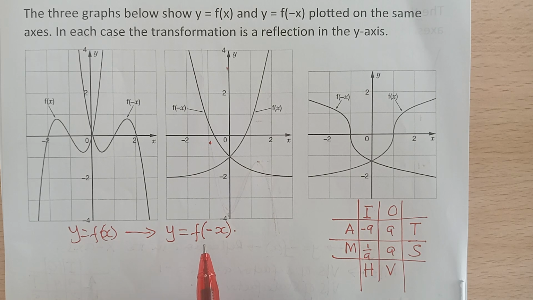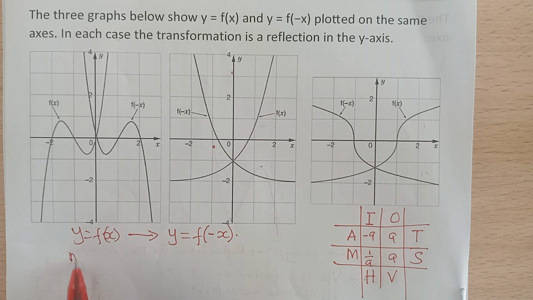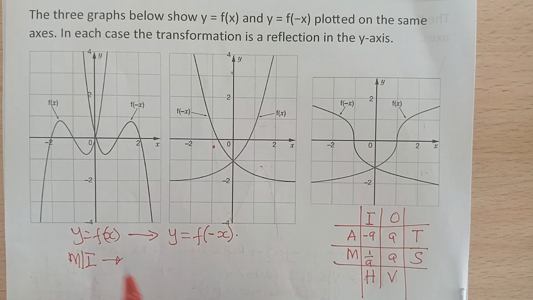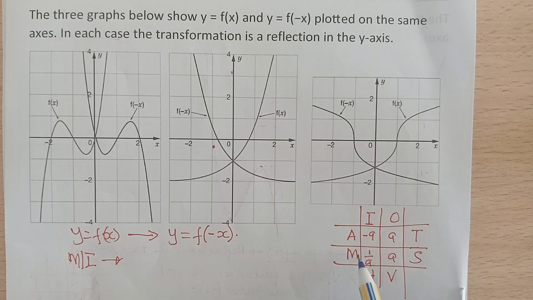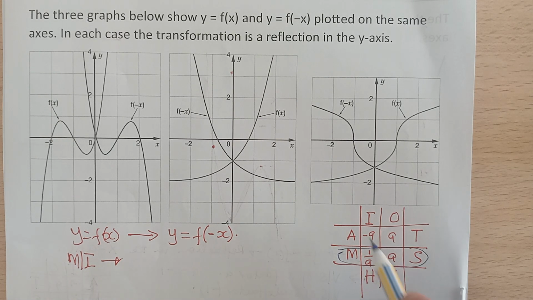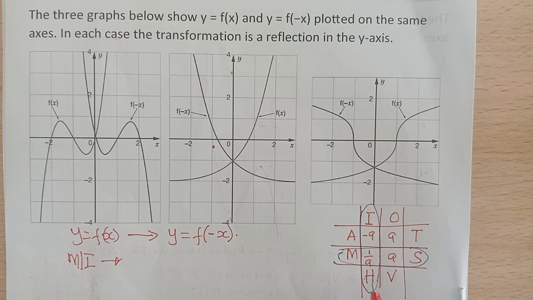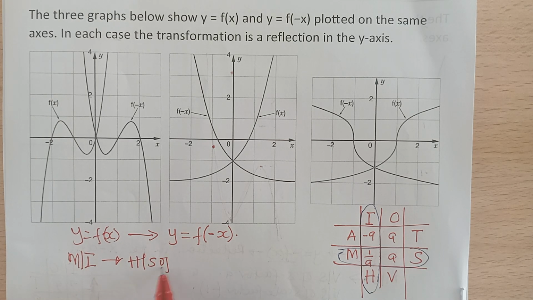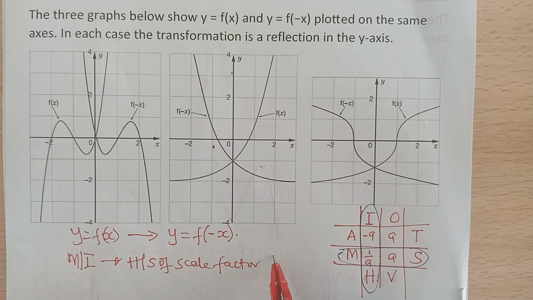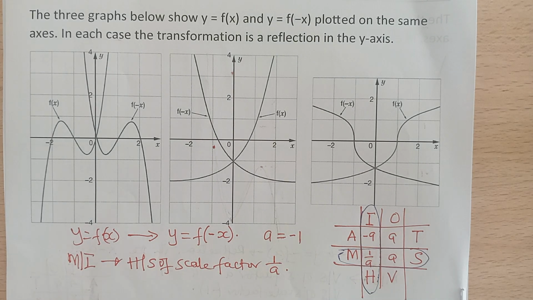As you can see, this one is multiplication inside the bracket, and according to our MAIO table, it is a horizontal stretch of scale factor 1 over a. And we said that our a is obviously negative 1, and we can see it here.